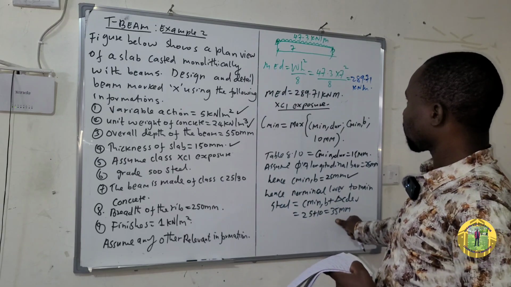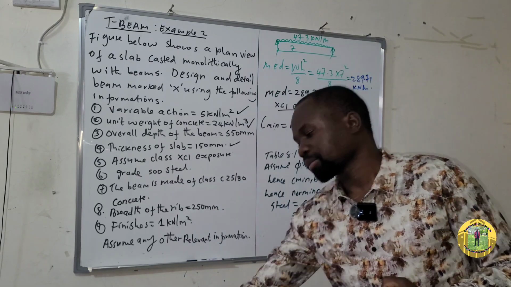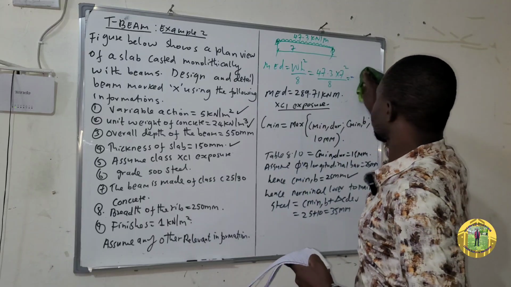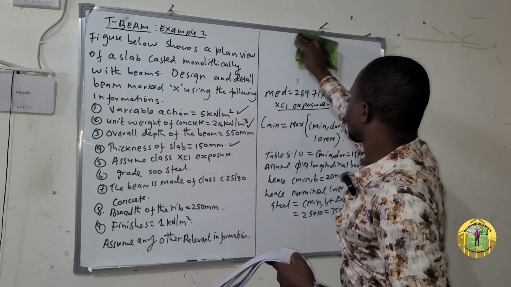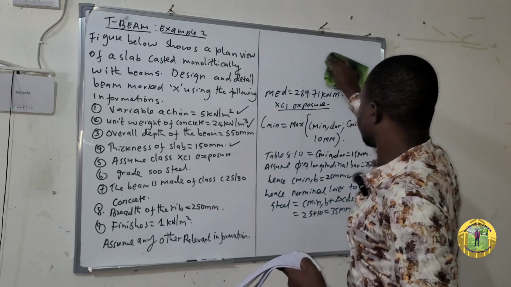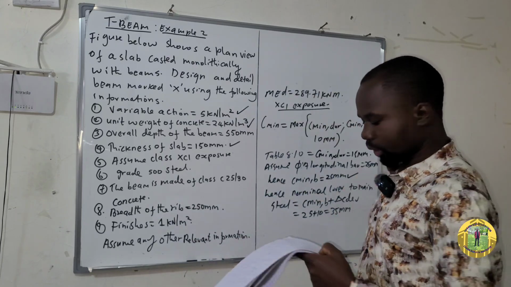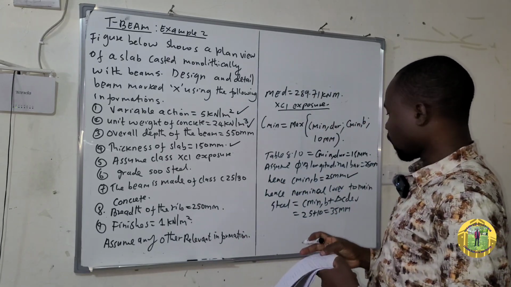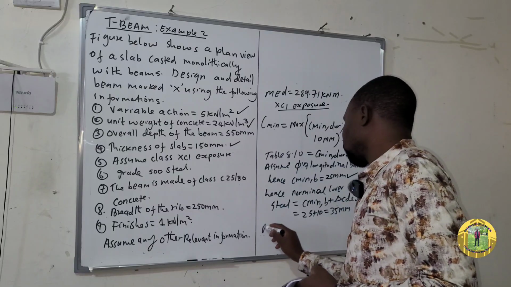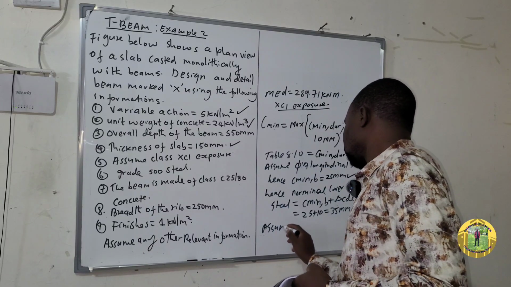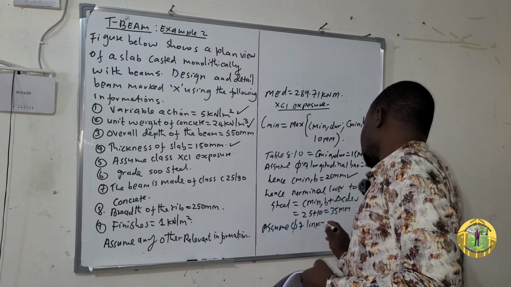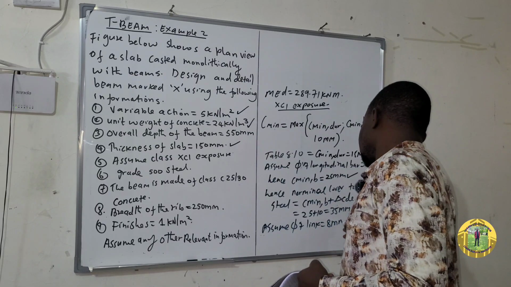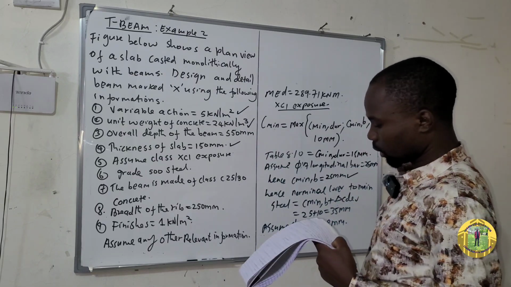Then you will say again, assuming the diameter of link. So assume diameter of link is equal to 8 millimeter, like that.